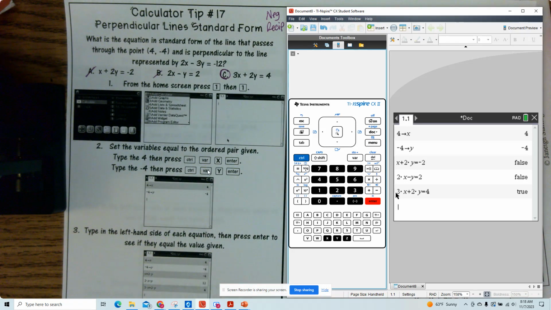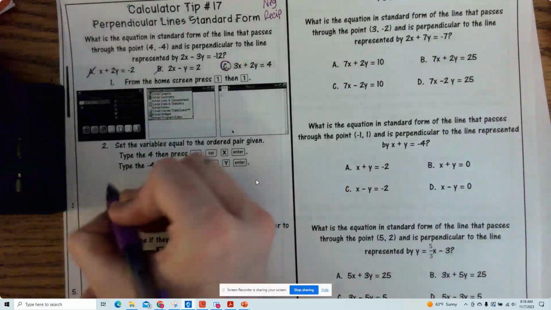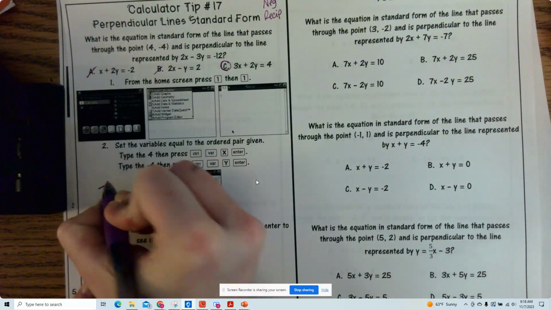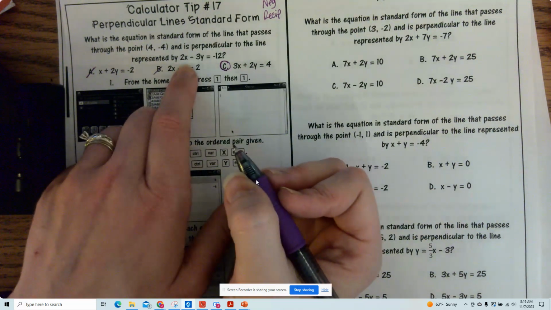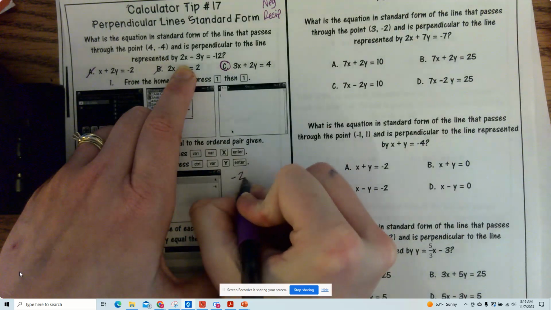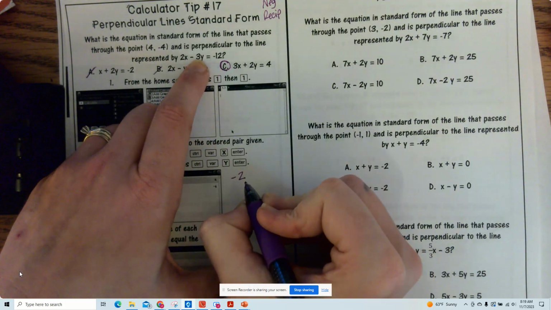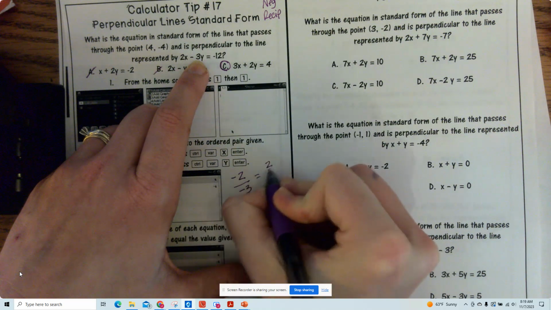If you don't eliminate every answer choice, remember that you can find the slope from standard form, -a over b. So a is a +2, so I would change its sign, -2, and then put it over the b. The b is a -3. The negatives cancel.